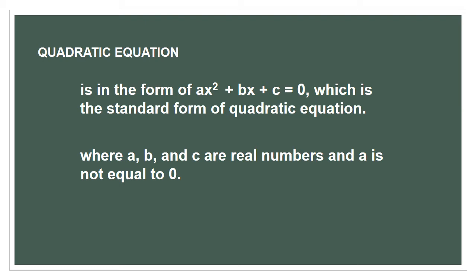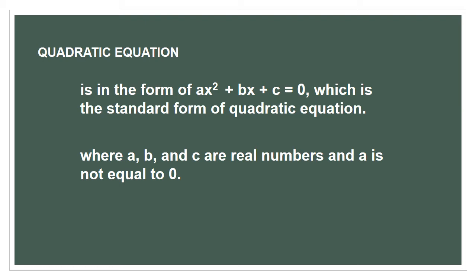So ngayon, pag nakakita kayo ng ganitong format, ibig sabihin that is a quadratic equation. Ang quadratic equation, yung a, b, and c are real numbers. Ibig sabihin, pag sinabing real numbers, ito yung mga constant, mga numbers or numerical coefficients na given doon sa ating quadratic equation.